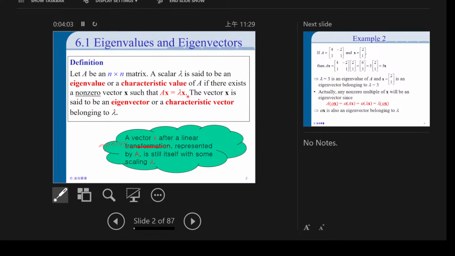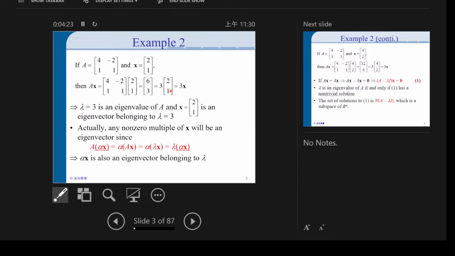An eigenvector is a very special vector under this linear operation of A. You get this x operated by A, and you go back to the same x, but maybe with some multiplication. And let's see some examples.